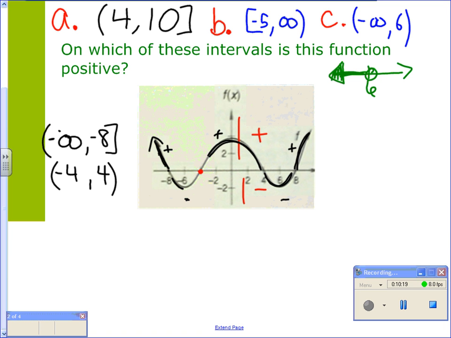At this point, it is actually 0 because it's on the x-axis. Does that make sense? The x-axis is a 0.